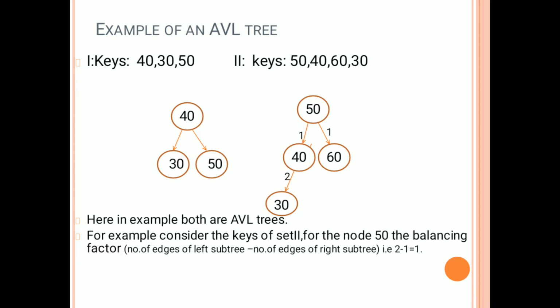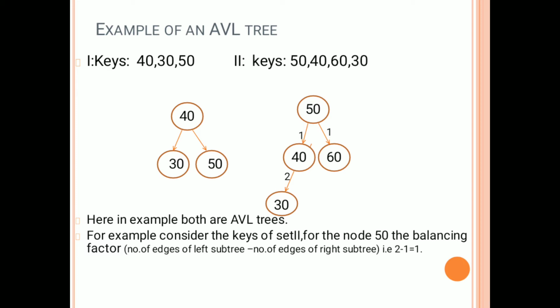So consider another example, having the keys 50, 40, 60 and 30. According to the given order, 50 is the root node and 40 is inserted on the left side of 50 because 40 is less than 50. The next element is 60. Insert 60 on the right side of 50 because 60 is greater than 50.